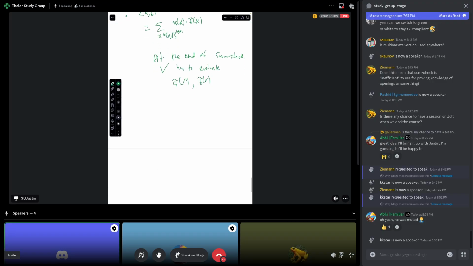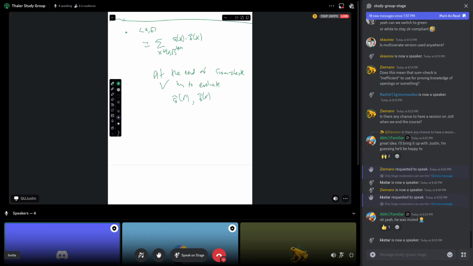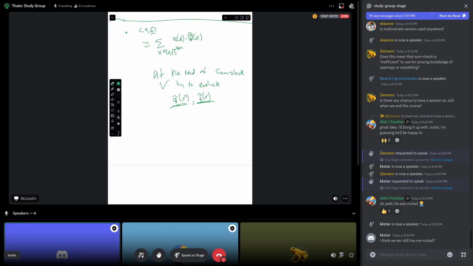Now, in most applications of SumCheck, we arrange for these evaluations to be obtainable quickly, say in time less than the length n of A and B. But in general, if I just give you a completely unstructured arbitrary polynomial or arbitrary vector, and I'm looking at its multilinear extension, there's no hope to avoid linear time to evaluate it. That's exactly what's happening in Bulletproofs. So the Bulletproofs verifier is evaluating this vector B's multilinear extension at a random point in linear time.